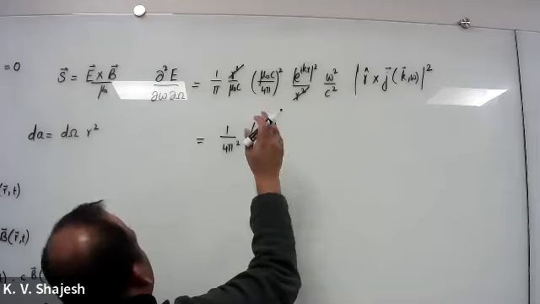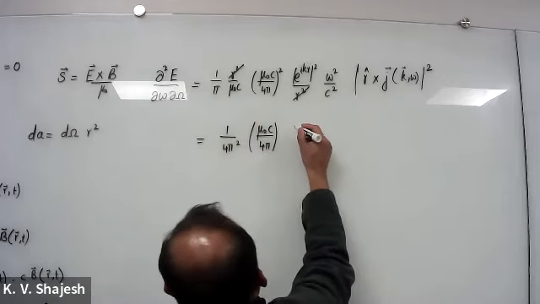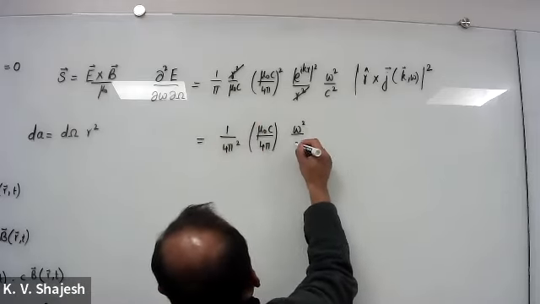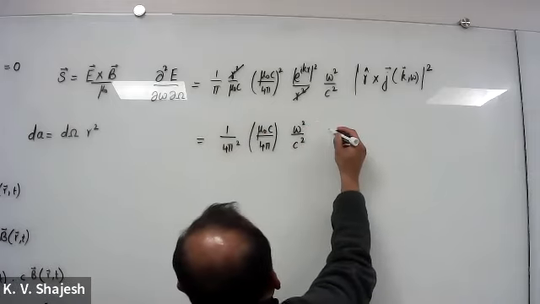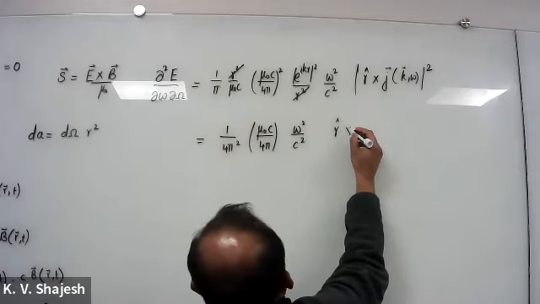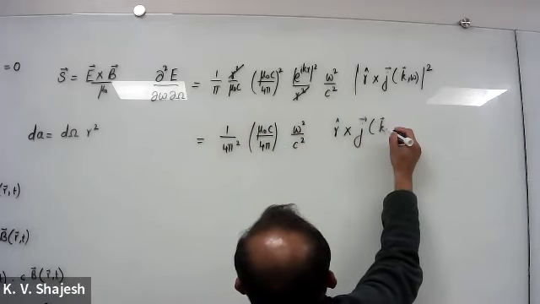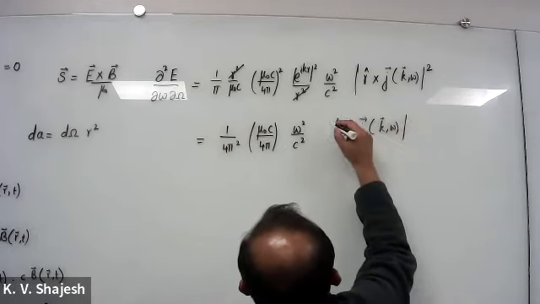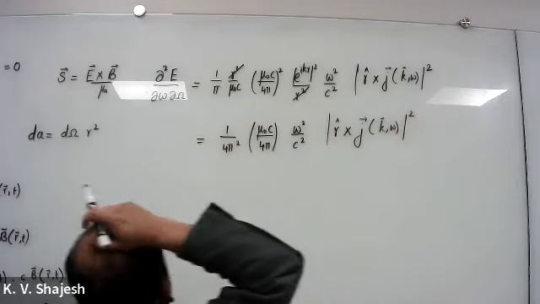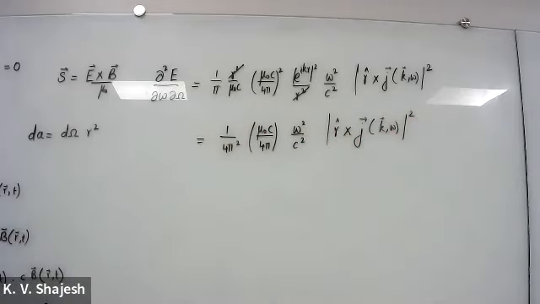This is good to keep separately. Then omega squared over c squared and r hat crossed with J. So that serves as an energy per unit solid angle per frequency.